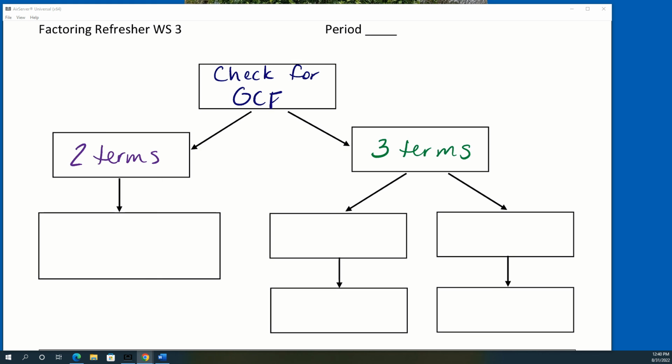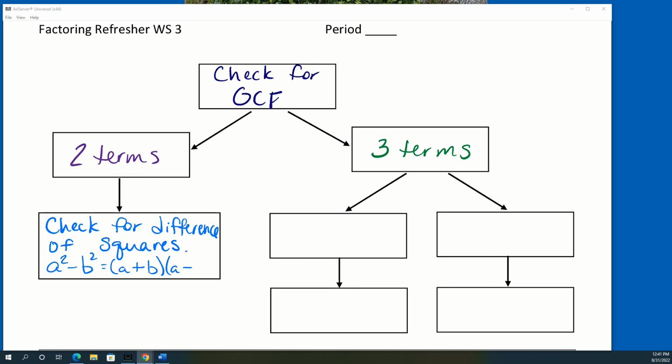If you have 2 terms, you're going to try and see if you can do what we did today, which is we're going to check for difference of squares. So that means you would need to have 2 perfect squares that are subtracted from each other, and then you can just use this little shortcut to factor them.